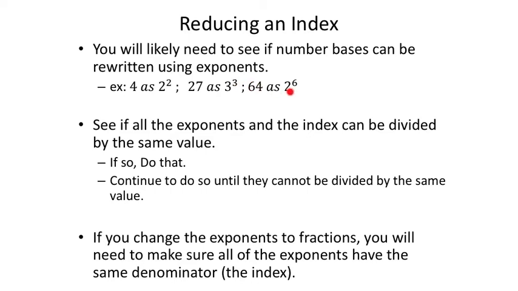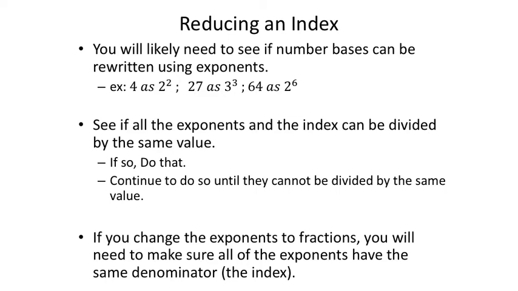Or, for example, 64 could be 4 to the power of 3, or it could be 2 to the power of 6. It depends on a common exponent that you're trying to get with all of the other exponents in the problem. And then, if it's being square rooted, then you can just divide them all by that index value.